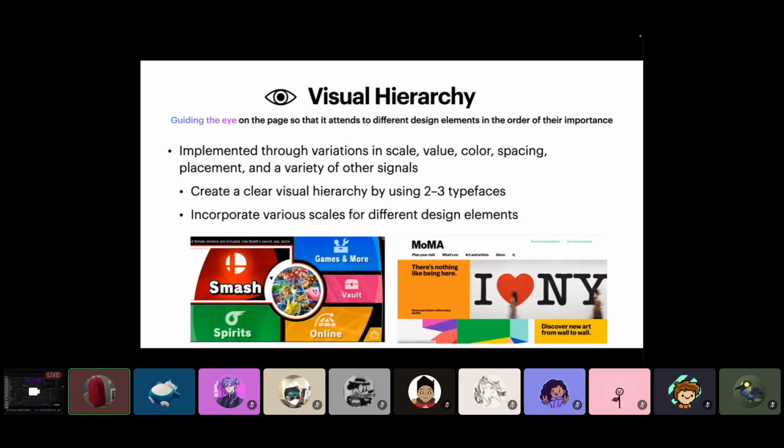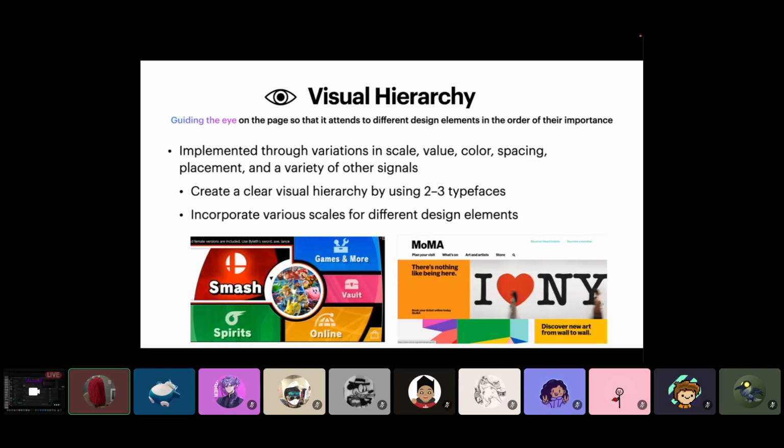Also, there's visual hierarchy. What the visual hierarchy is supposed to do is to guide the eye, basically. Visual stands for guiding the eye, and hierarchy means it needs to guide the eye in the order of importance. Visual hierarchy could be implemented with scaling, value, color, spacing, placement, and many other things. But mostly it's in scaling and color and placement.